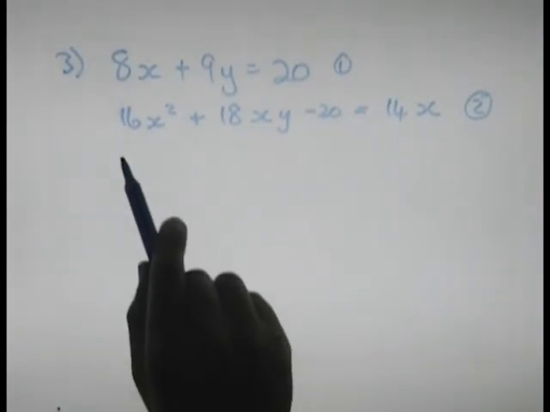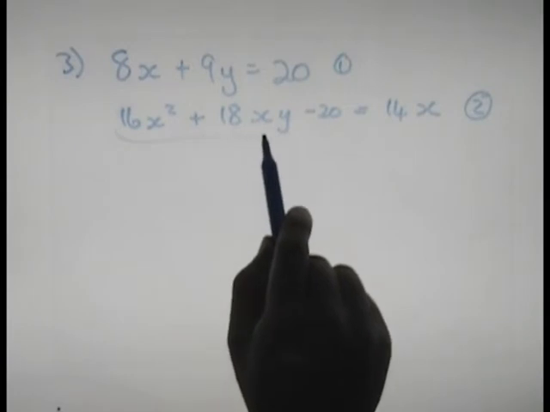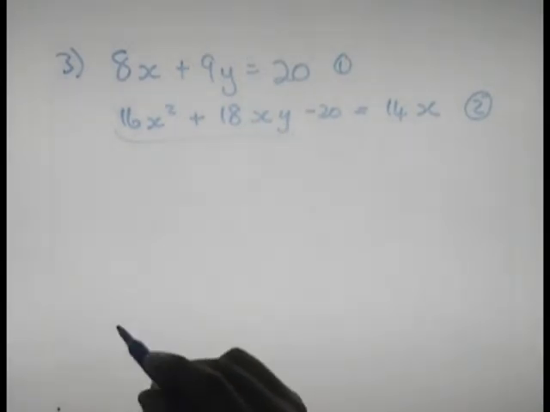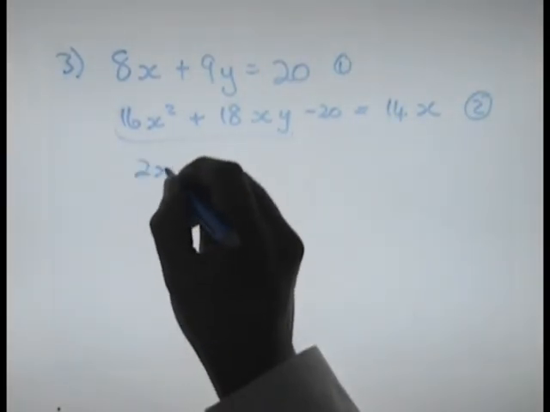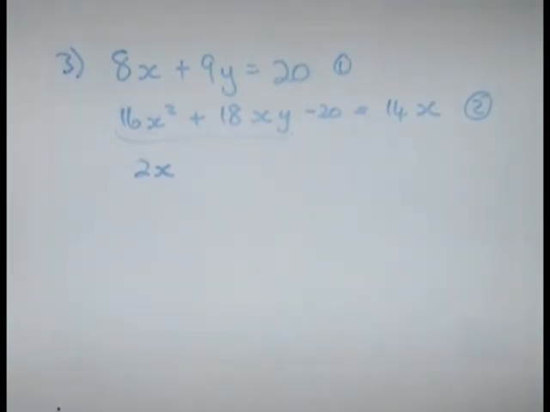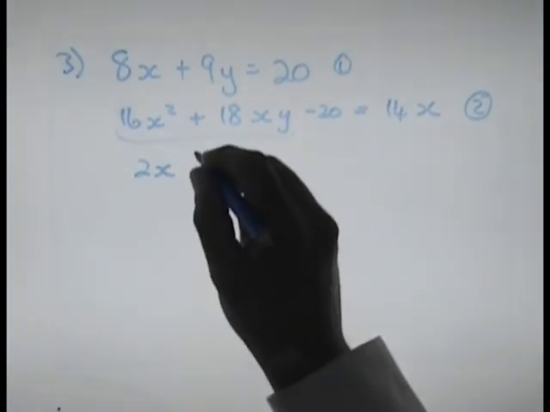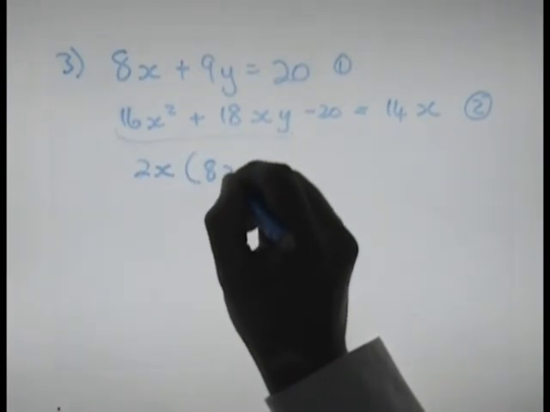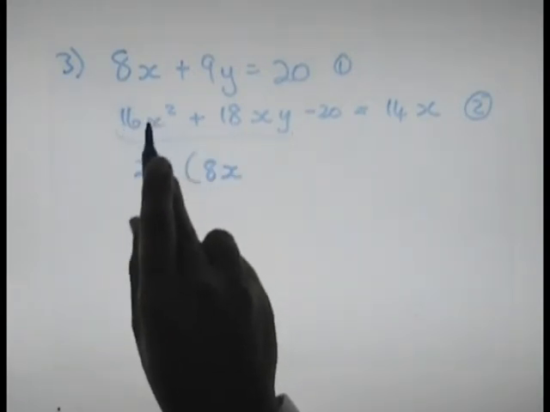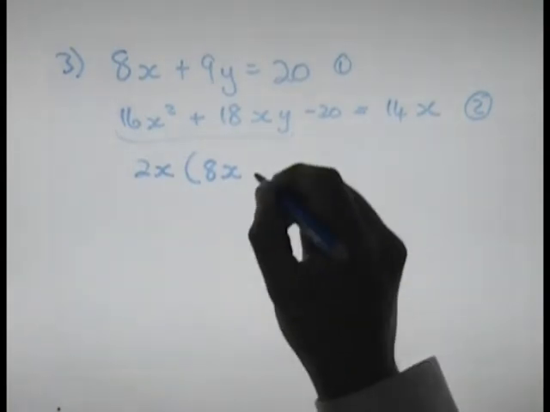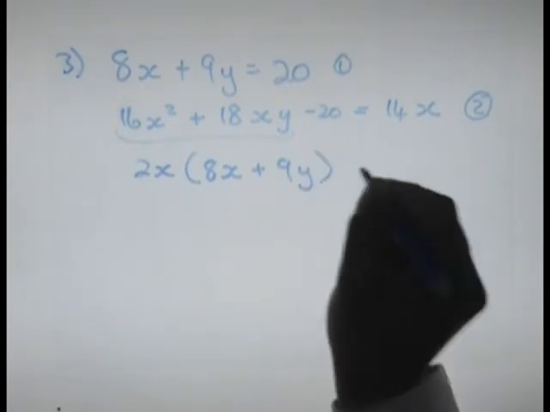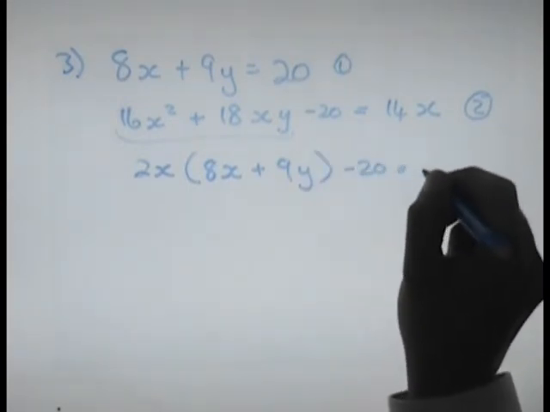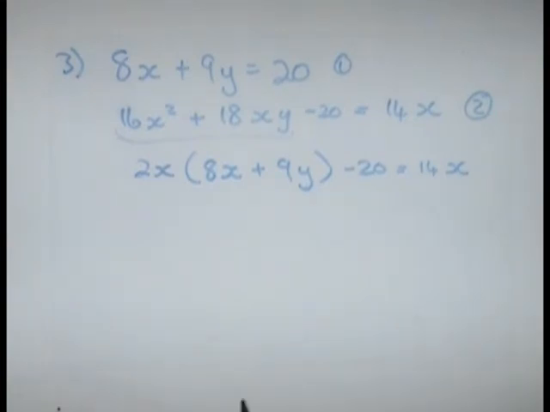But look at this here, 16x squared plus, sorry, plus 18xy. What if I take out a common 2x? Wouldn't that be 2x from 16x squared goes 8x, times 8x plus 9y, minus 20 is equal to 14x.